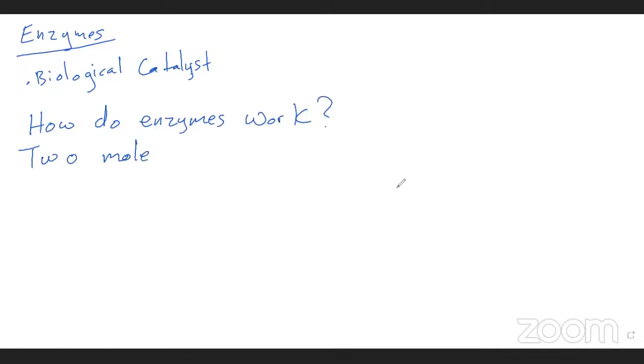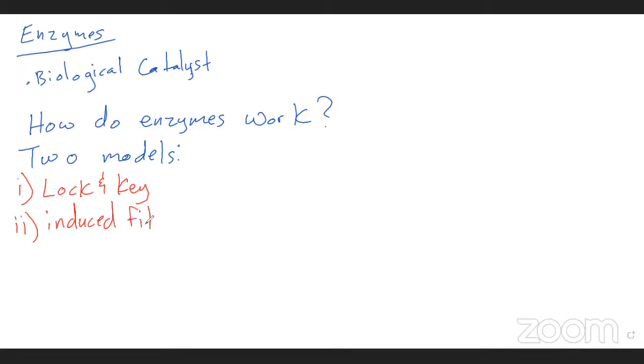What are the two models of how enzymes work? The lock and key hypothesis and the induced fit hypothesis. So we have the lock and key, and we have the induced fit. We're just going to make some important jottings.